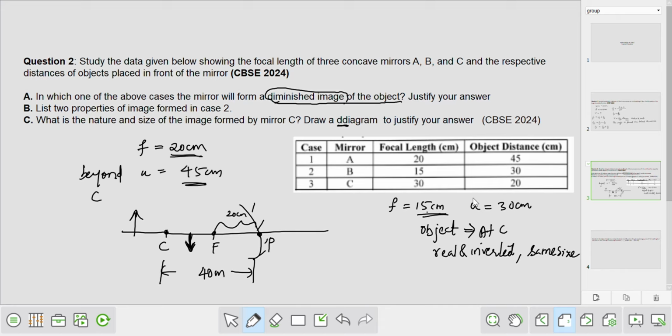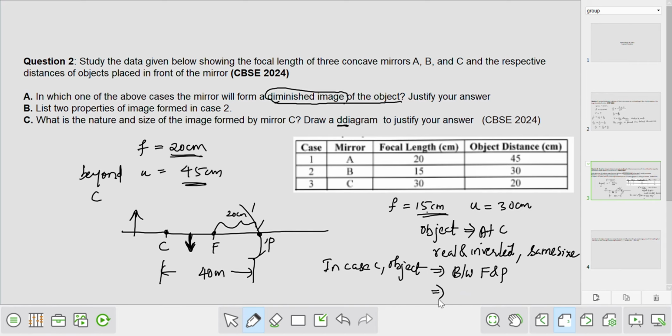Now what is the nature and size of the image formed by mirror C? So this is mirror C. The focal length is given 30 centimeter and the object is placed 20 centimeter. That means the object distance is less than the focal length. So if the object distance is less than the focal length, where is the object placed? Yes, in case C, the object is placed between F and P. So if the object is placed between F and P, where will you get the image?